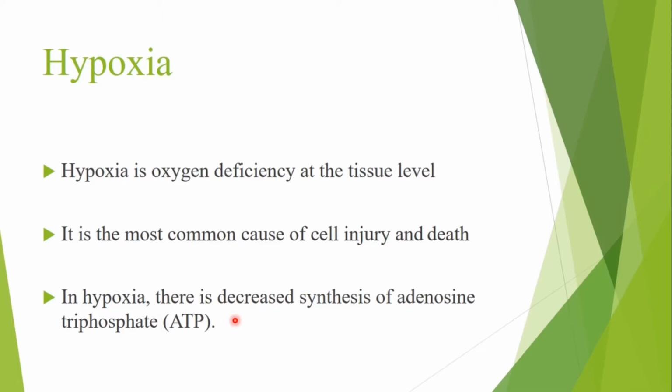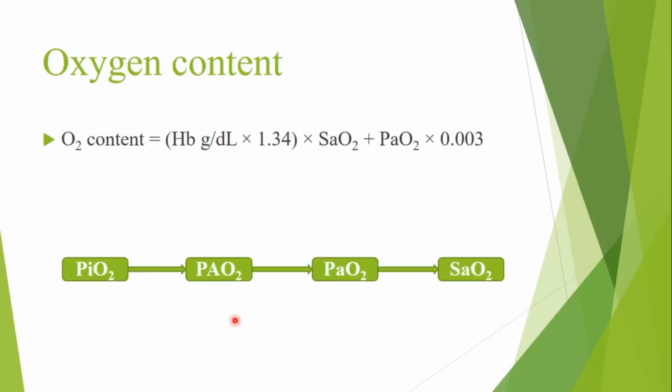So if there is lack of oxygen, oxidative phosphorylation is not going to occur, and as a result ATP will not be synthesized. And if the cell is unable to synthesize ATP, then it's not going to be able to maintain its structure and function, and cellular injury and death is going to develop.